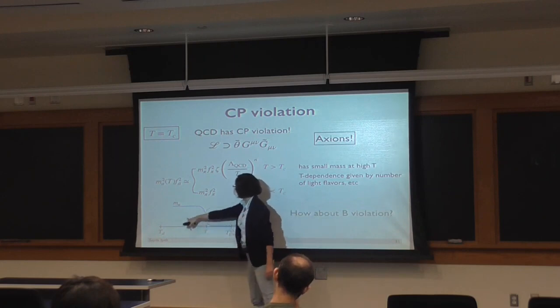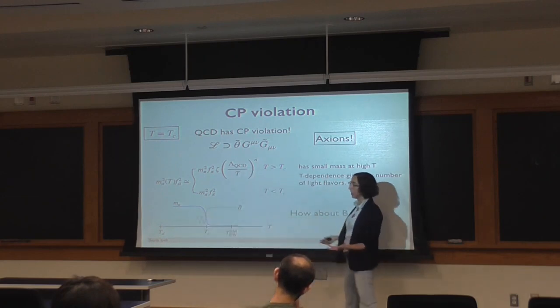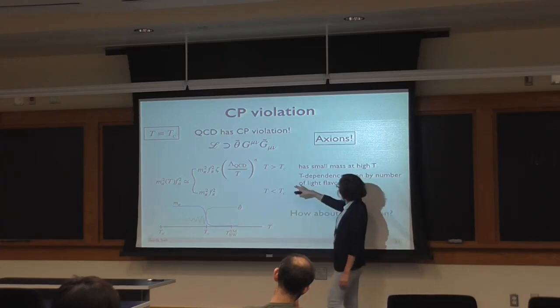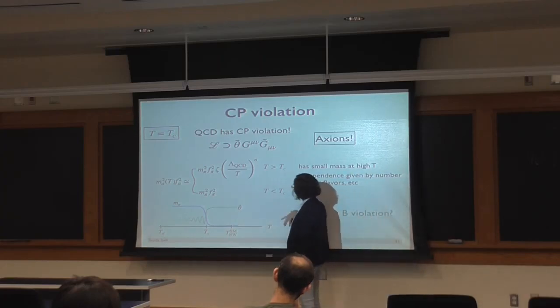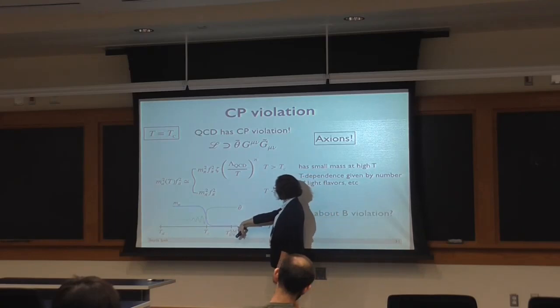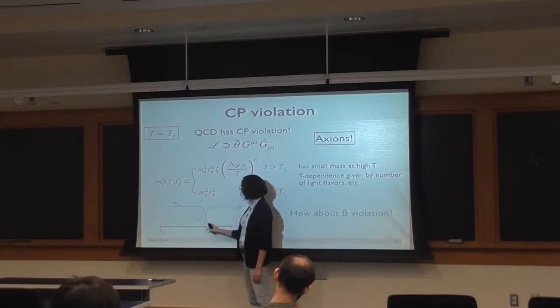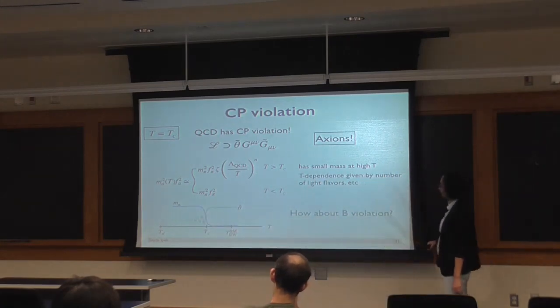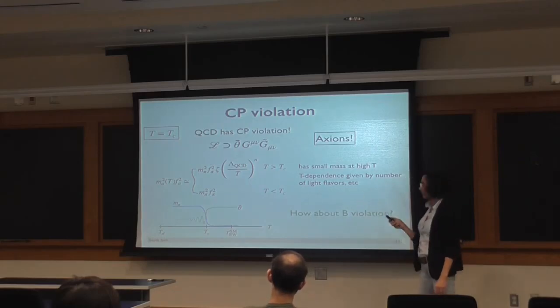This is what theta bar, or CP violation, is doing while the QCD transition is happening. You can also look at the mass of the axion field. At very high temperatures, the axion mass is very small, and as QCD confines, it acquires a larger mass, which is also related to the pion mass.